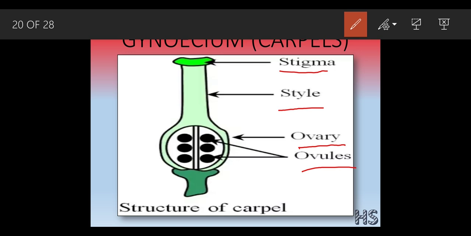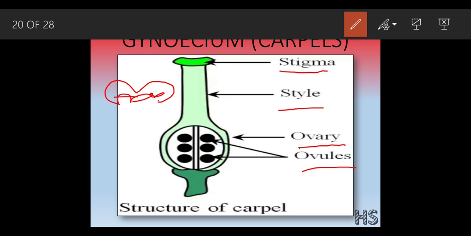How does a stigma look like? The stigma looks like a terminal knob-like part. What do you mean by knob? You have seen a knob at your house also. Whenever you want to pull the door, you pull the door with the help of the knob. Again, this seems like this. There are many lobes inside this part.